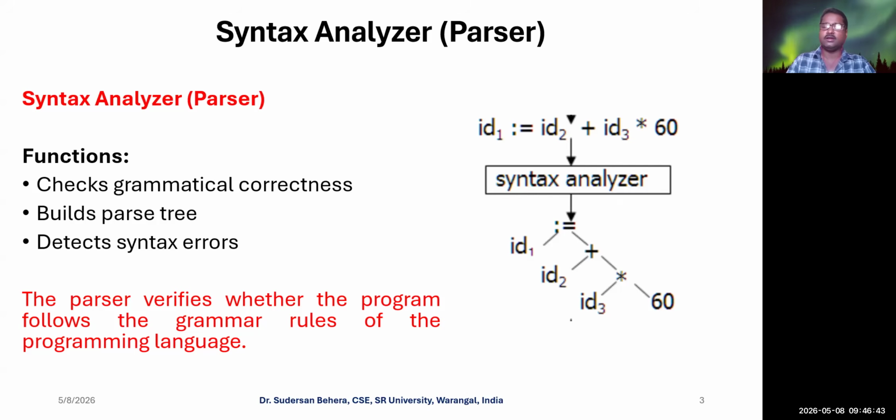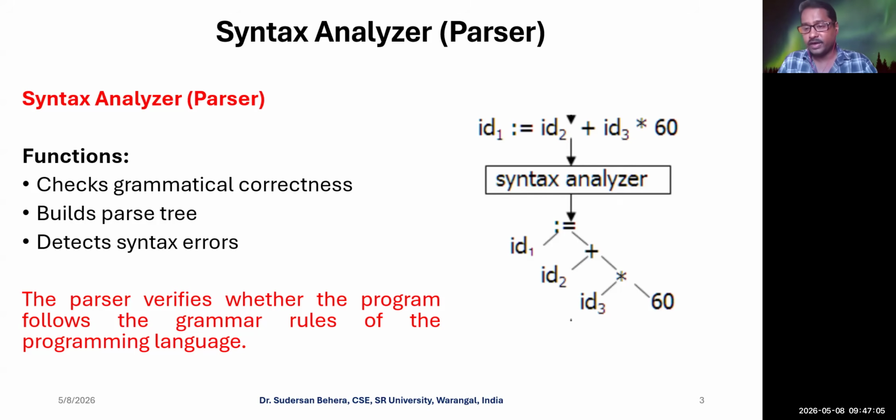Now you just recall that. So the context-free grammar is used by the second phase of the compiler, called the syntax analyzer or parser, in order to identify whether the sentence is grammatically sound or not.